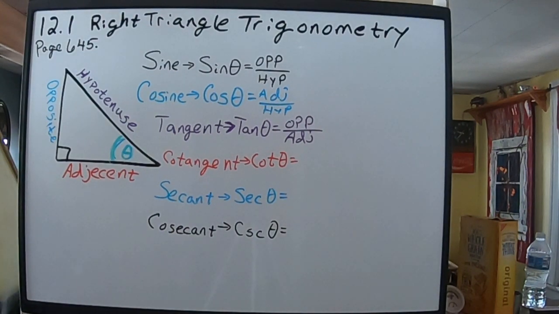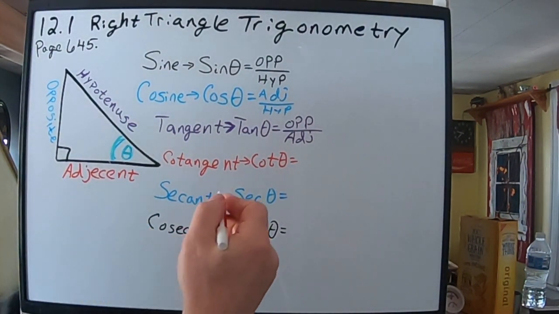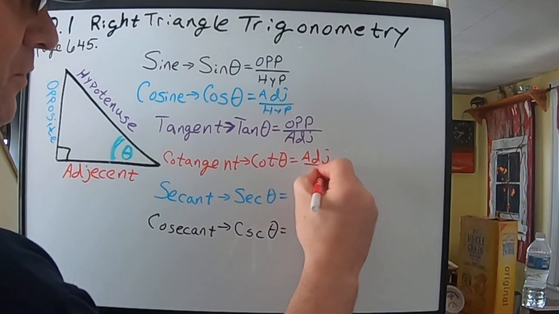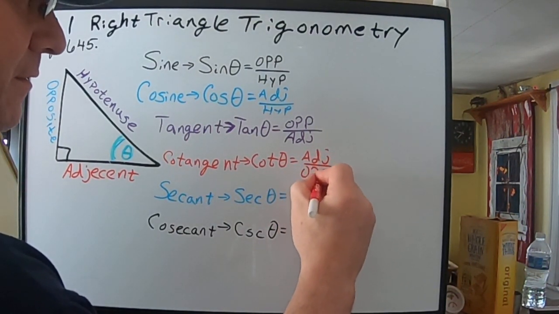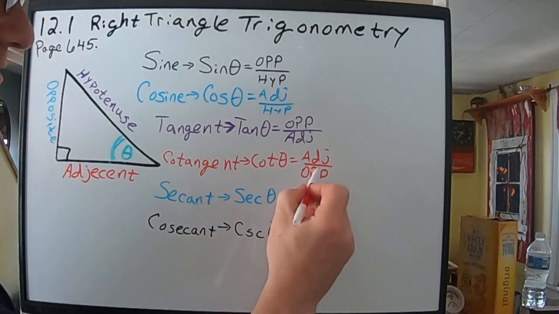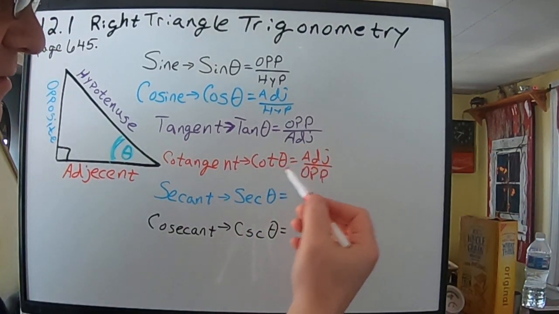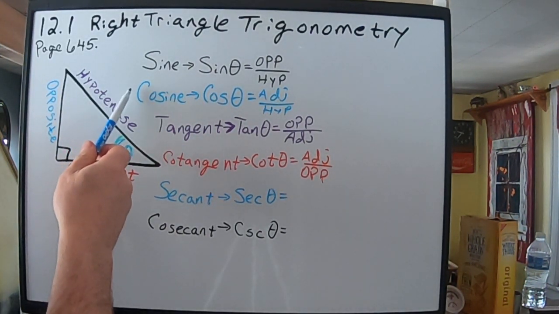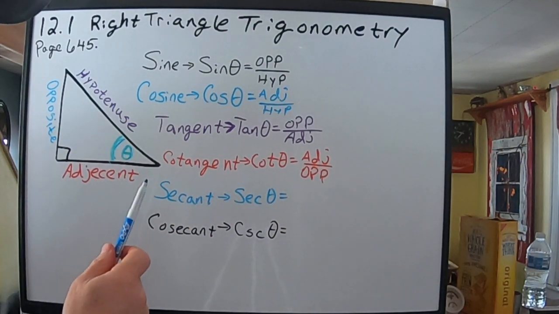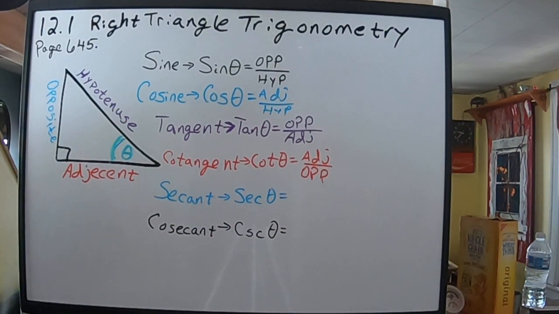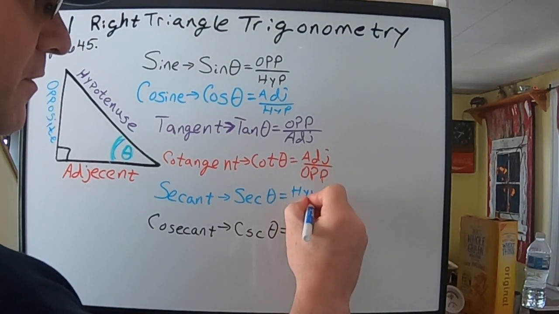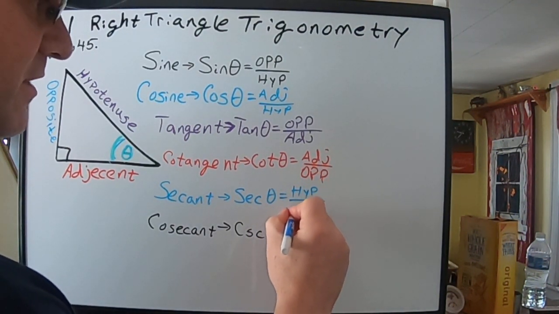Now what's really interesting is cotangent is adjacent over opposite. So you'll notice that these two are reciprocals of each other. It's also interesting to note that cosine is reciprocal with secant, so that would be hypotenuse over adjacent.